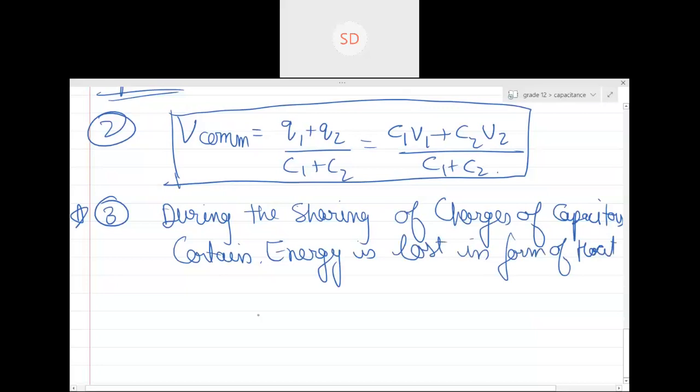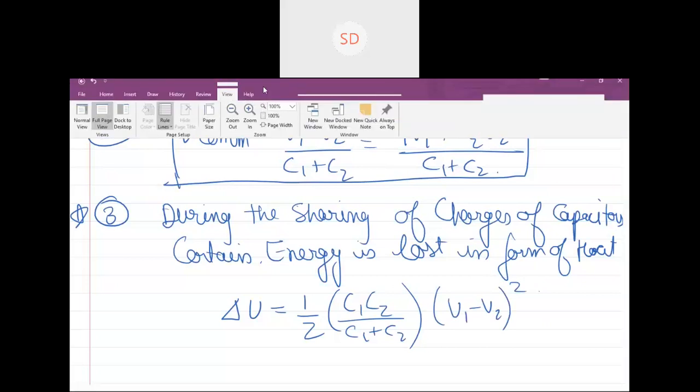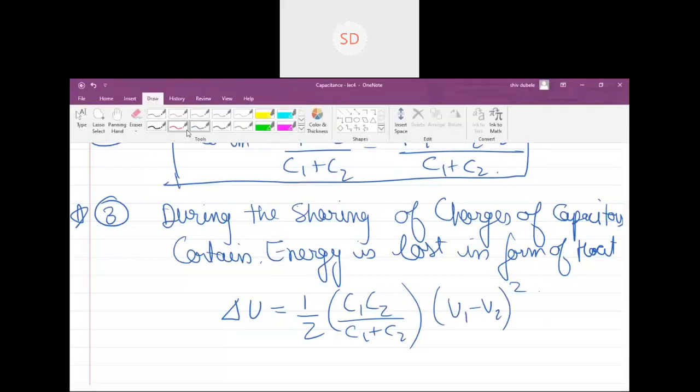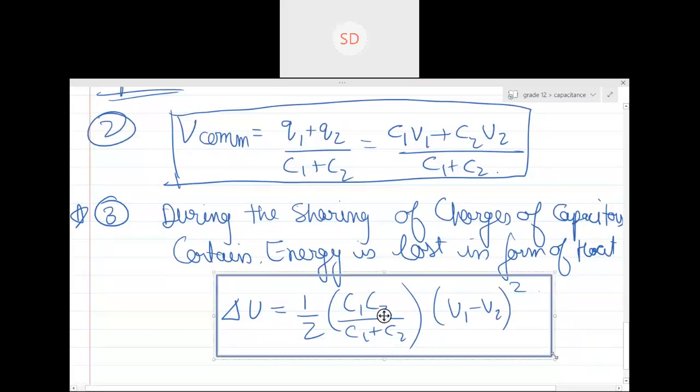So basically the energy lost is equal to half, C1 C2 upon C1 plus C2, into (V1 minus V2) whole squared. Guys, just remember this formula. Where this formula comes from is not important to you right now, but we'll derive it later on. For now, just write it. Okay, guys?